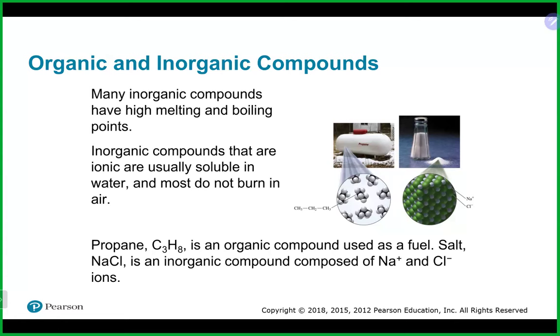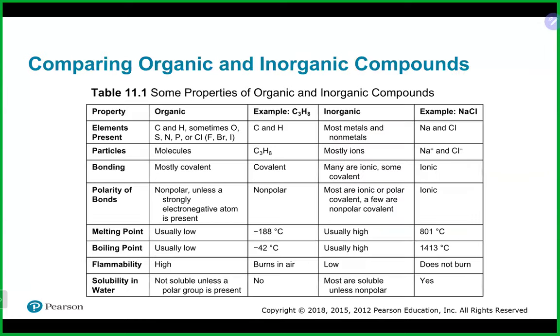So inorganic guys, like ionic compounds, they typically will have higher melting points, higher boiling points than your organic compounds, because a lot of those guys are held together by dipole, hydrogen bonding. These guys have a much stronger attractive force. So here's a table from your book of some of the comparisons of organic and inorganic.